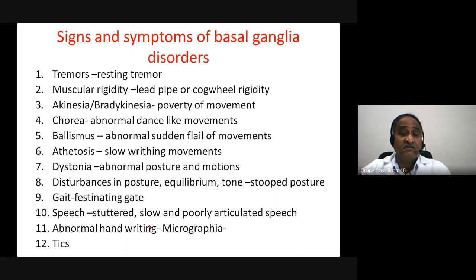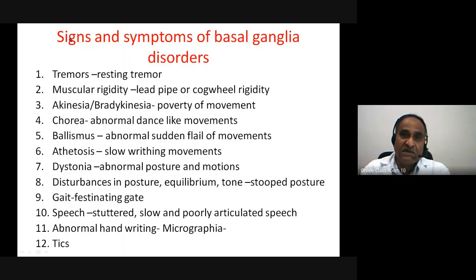Even in the writing, the scaling becomes minimal because of the hypokinesia or bradykinesia. That is what is called micrographia. Then the tics, that means abnormal movements of the eyeball, or the tongue, or the facial muscles, and so on.